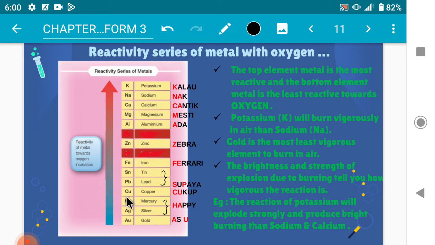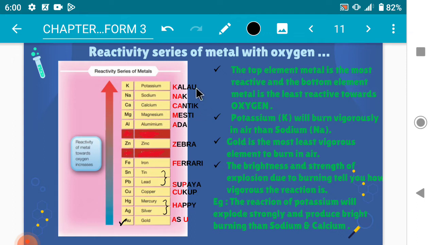Starting from gold, the reactivity is the weakest, and going up to the top, the reactivity is the strongest or most vigorous. So the reactivity of metals towards oxygen increases from gold to potassium.